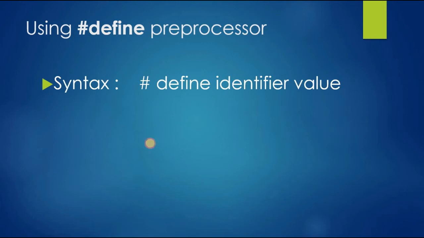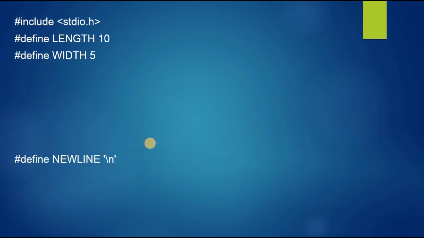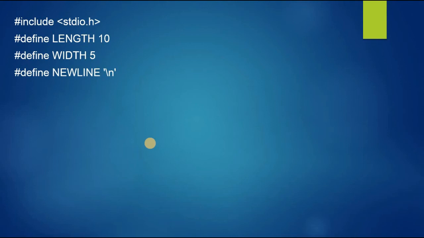Now we will see one example for this #define preprocessor. Here we are writing a program. After including the header, we define the constants: #define LENGTH 10, #define WIDTH 5, #define NEWLINE \n. Here we have declared the values for length and width.